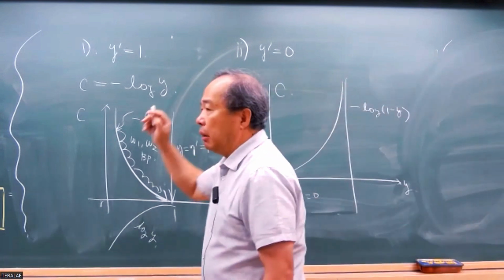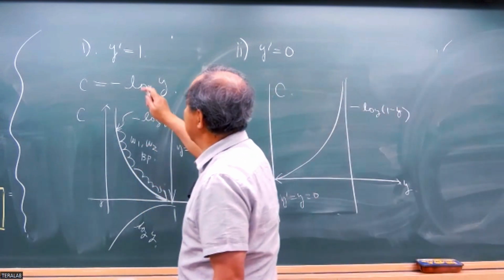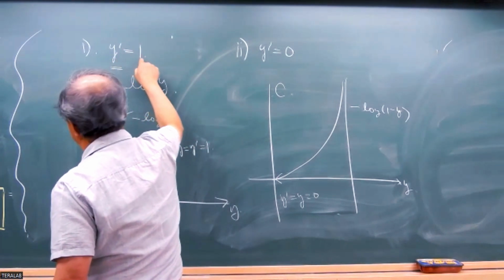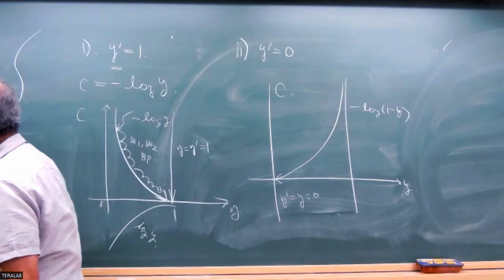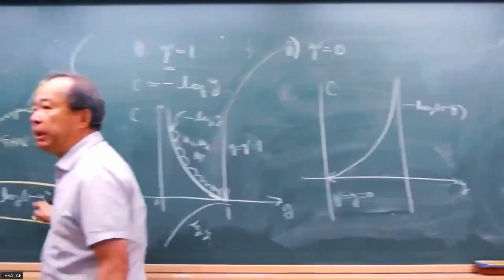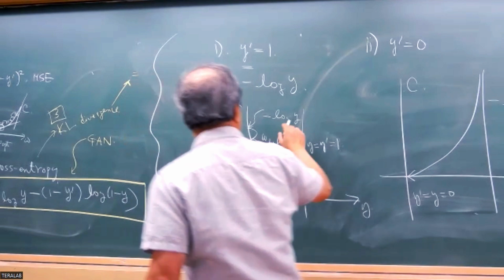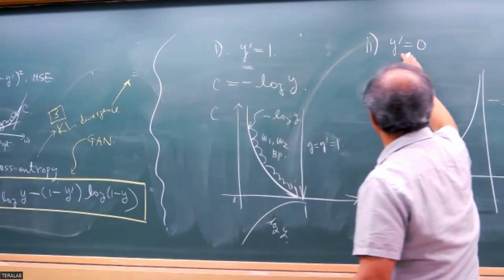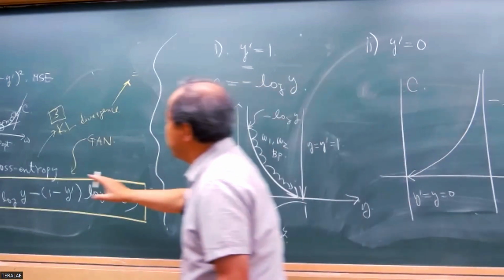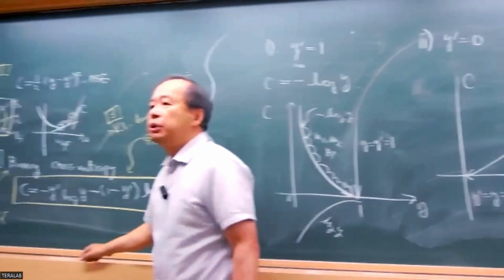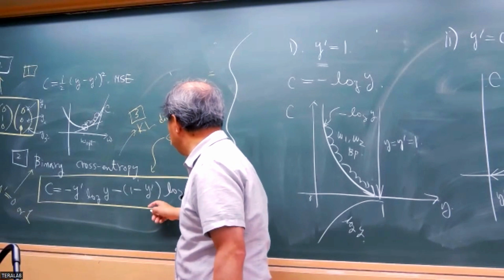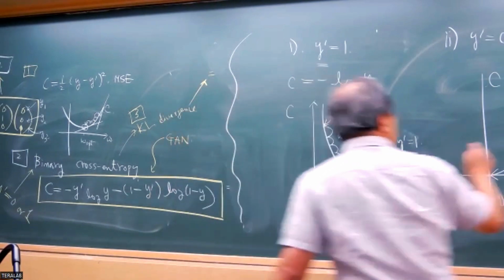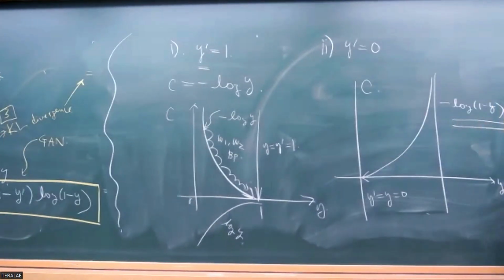Now we are talking about binary cases. If y dash is equal to 1, this second term disappears. That's why we only have this form. For the case of y dash is equal to 0, the first term goes away, and we have only the second term. That is why we have this graph.